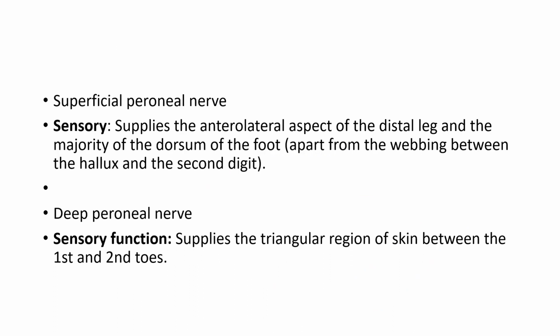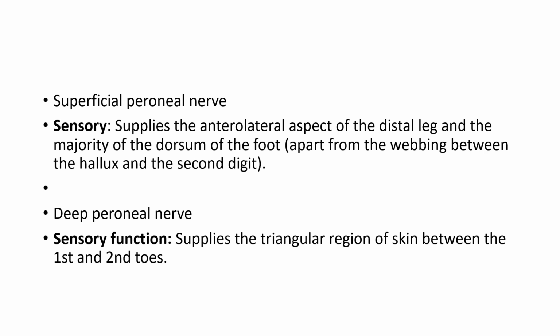Now, coming to the superficial peroneal nerve, for its sensory supply it supplies the anterolateral aspect of the distal leg and the majority of the dorsum of the foot. Dorsum is the part of the foot which we can see. This is apart from the webbing between the hallux and the second toe. Hallux means the big toe.